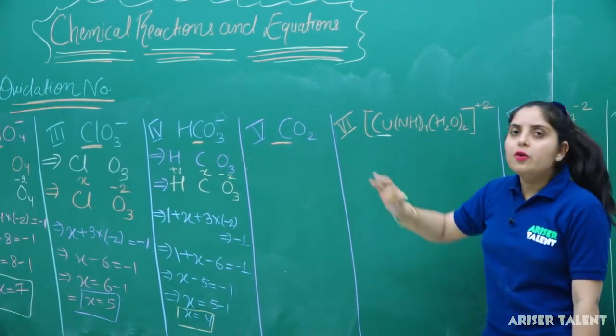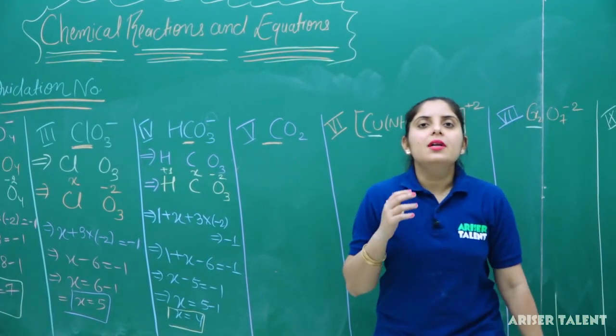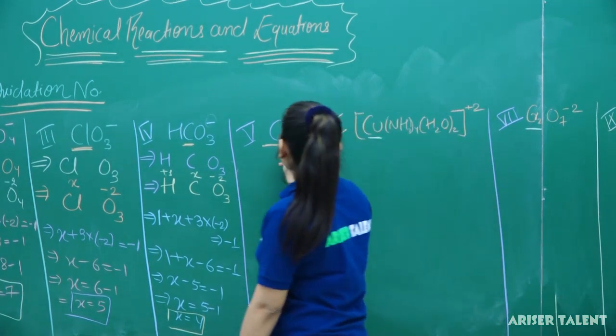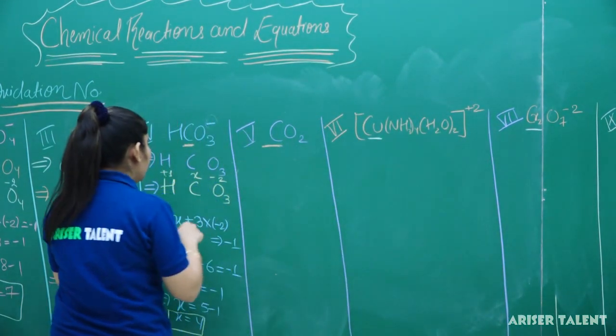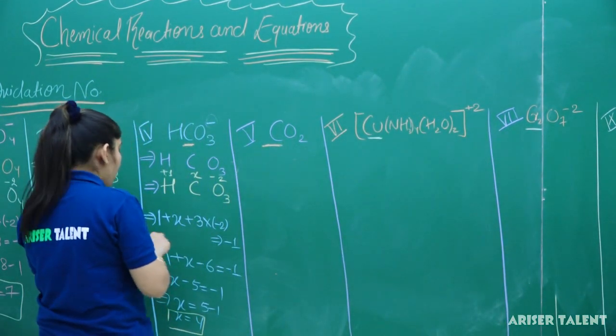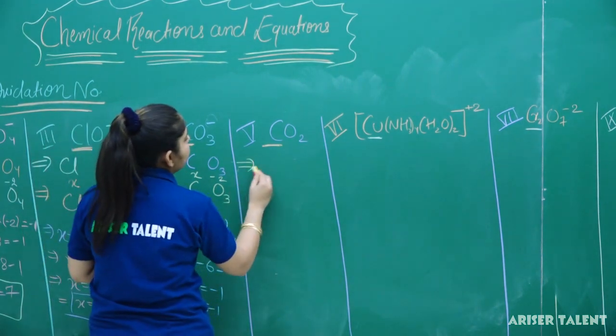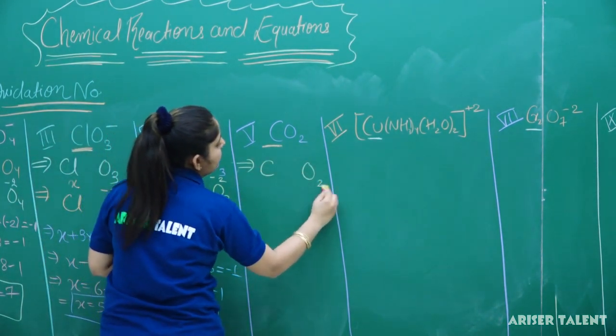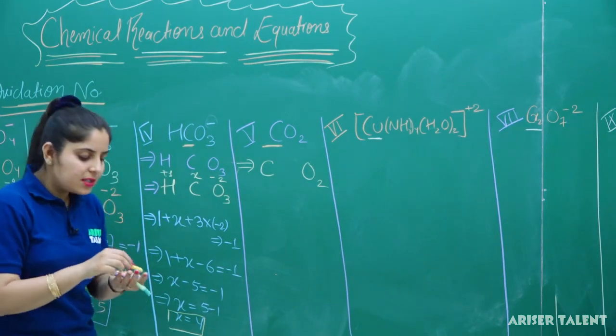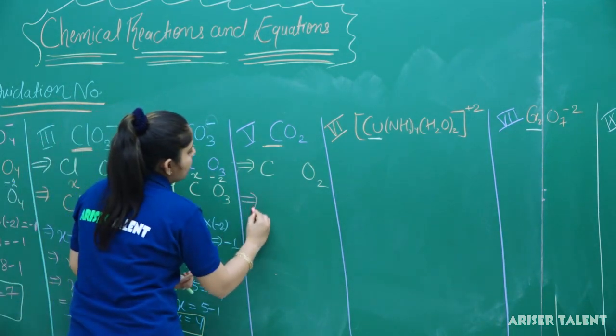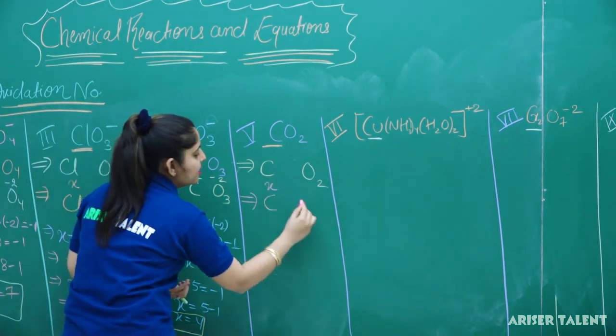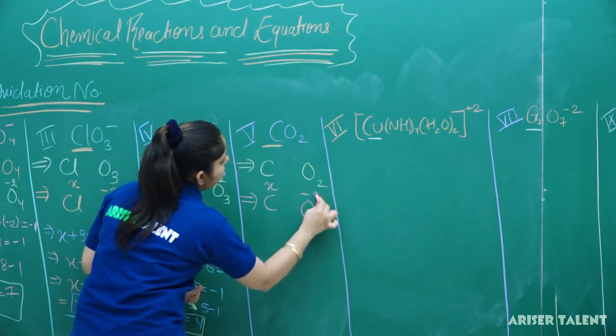Now we are on our next element. We are on carbon dioxide. So again we have to calculate the oxidation state of the carbon. Following the similar steps, I will write C here and O2 here. Now carbon having X and oxygen having -2.